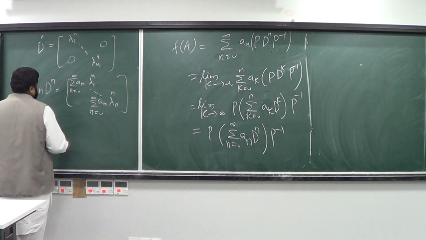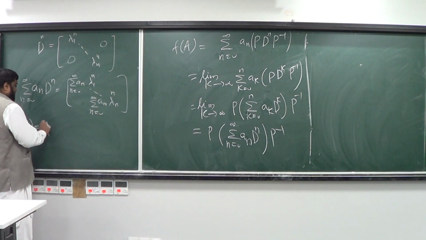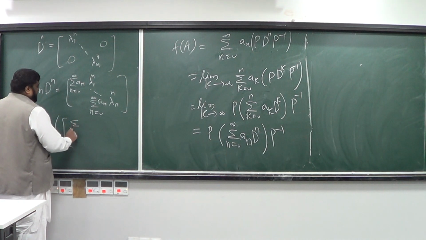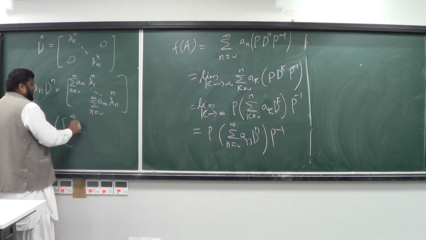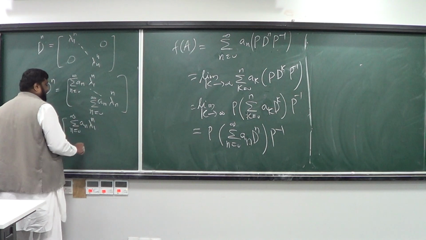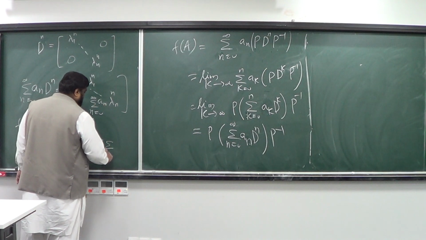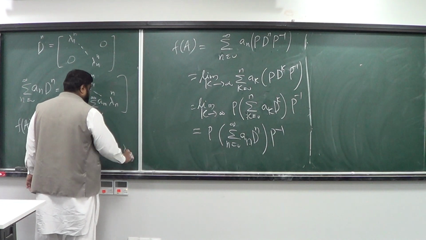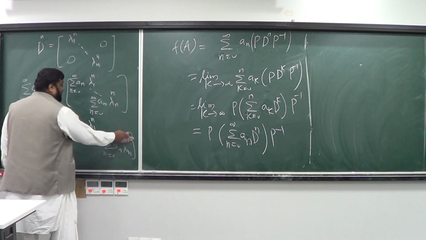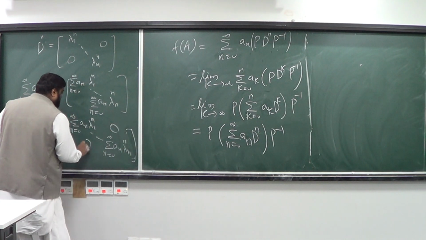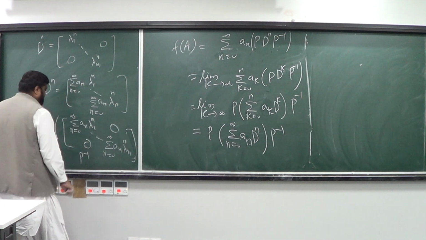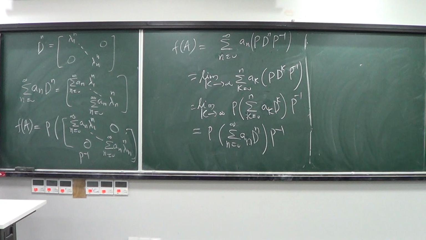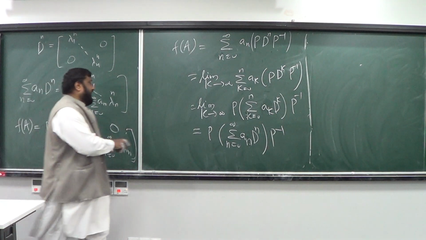And hence I can say that f of A is P multiplied by the matrix in which you have the infinite sum n equal to 0 to infinity of a_n lambda_1 to the power n, up to the sum from 0 to infinity of a_n lambda_n to the power n, 0 on top, 0 below, multiplied by P inverse. So calculate these three matrices, or you can go even one step ahead.